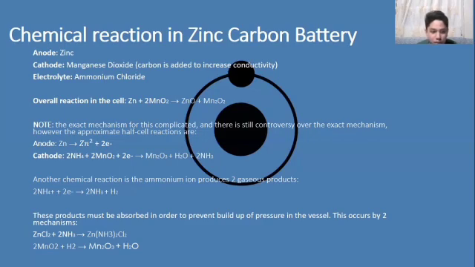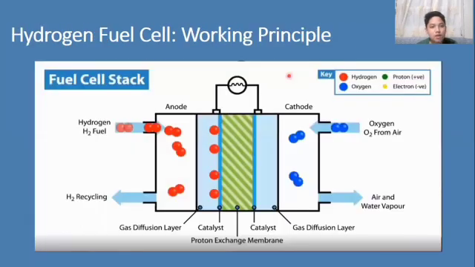This occurs by two mechanisms. Ito nga yung ZnCl2 plus 2NH3 is equal to Zn(NH3)2Cl2. 2MnO2 plus H2 is equal to Mn2O3 plus H2O. Ito yung example ng hydrogen fuel tank, yung working principle niya.